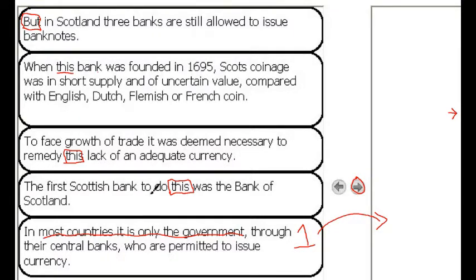The first Scottish bank to do this was the Bank of Scotland. That could also be the second sentence, because this could refer to issue currency. But it makes more sense to mention that banks in Scotland can issue currency before mentioning which ones did it first. So I think that this one here is the second, and down here is the third.